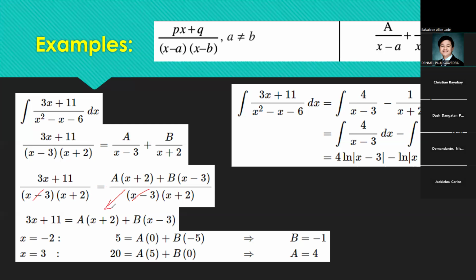That is why we now have this one. And then if we multiply again this one to the B, this would cancel out x plus 2, retaining the x minus 3. And then this is now this one. Okay? Nakuha.